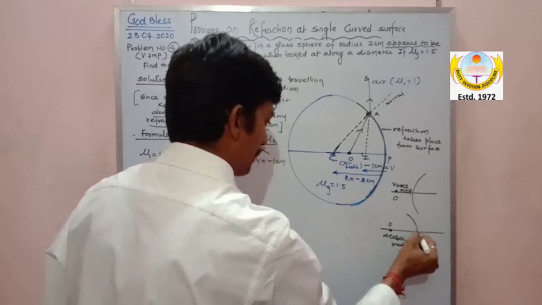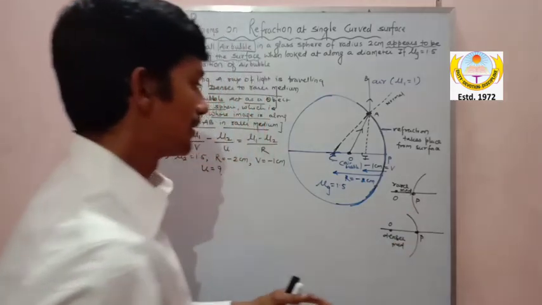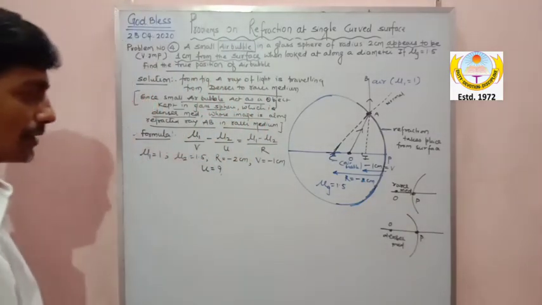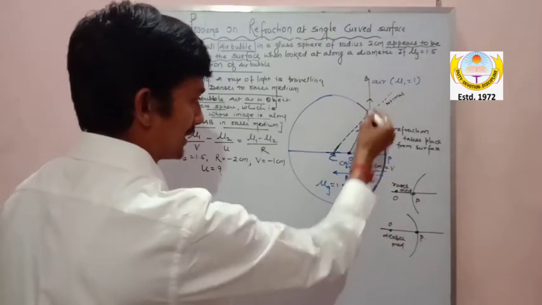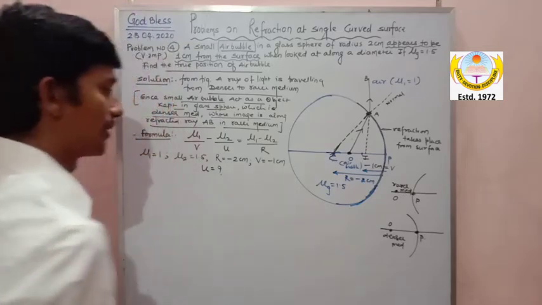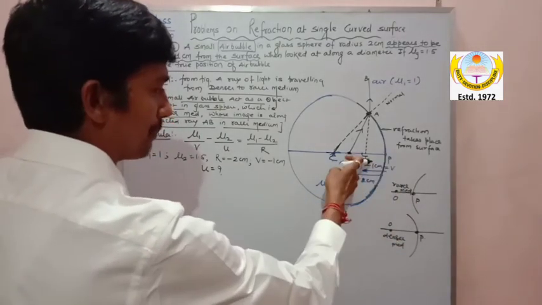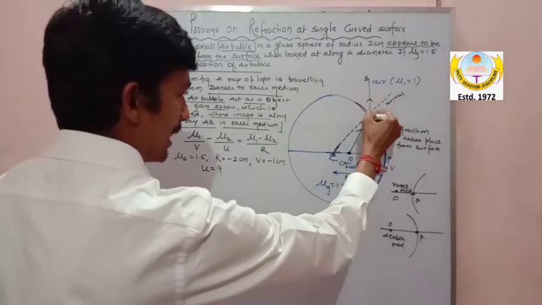So 100% my pole should be over here. Here the pole is here. So you can understand what way you are supposed to measure. So this is the diagram, and therefore I have taken this surface because the object is in denser medium. I draw this as a surface. So look at the diagram carefully. Why have I selected the pole here? Because earlier only I said the object is in denser medium, so the surface will be like this.